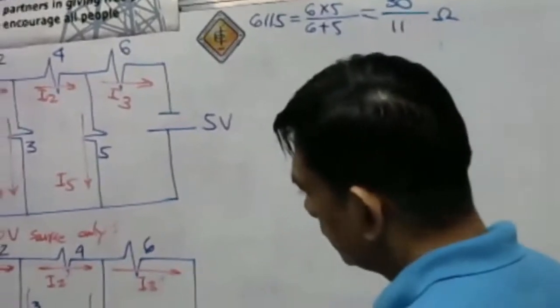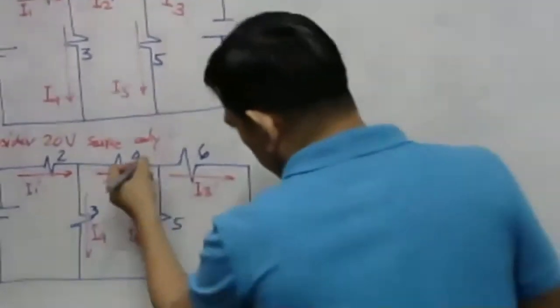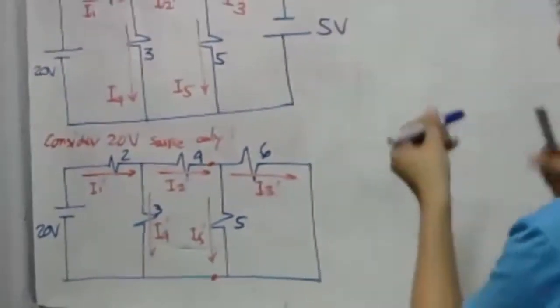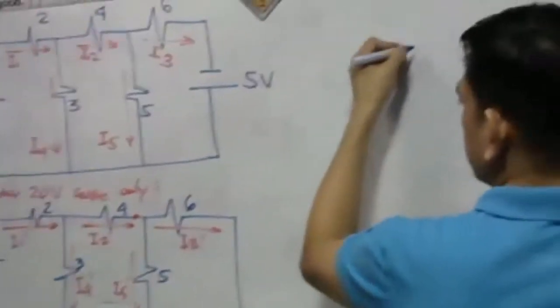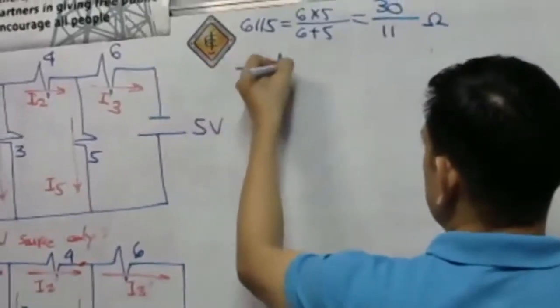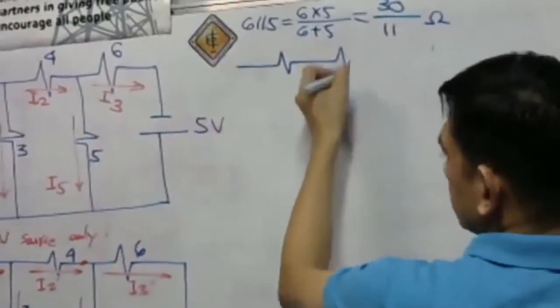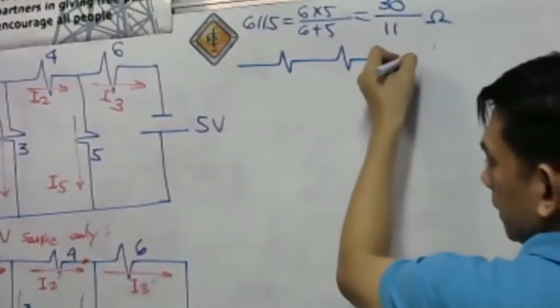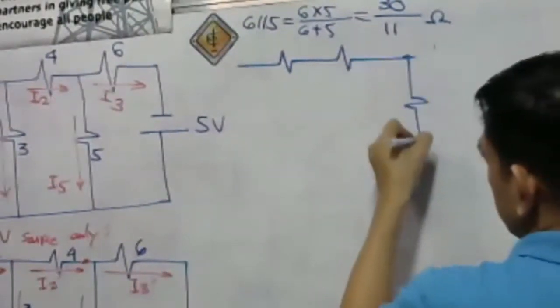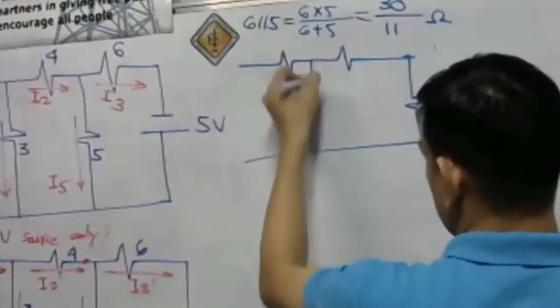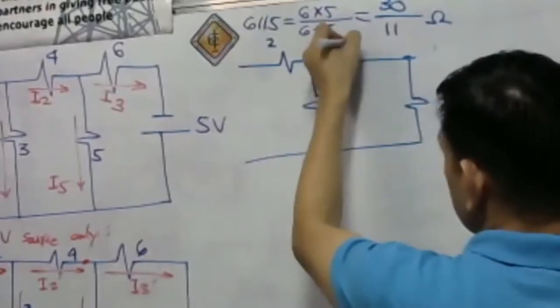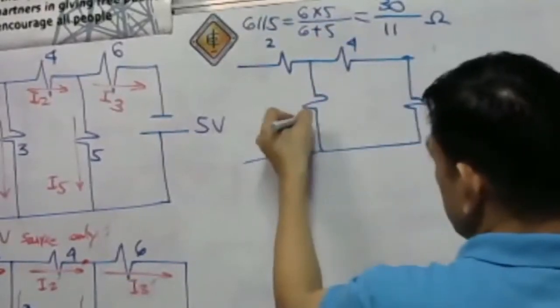Looking at these 2 points, there will be an equivalent circuit here. Let's simplify. So this is 2 and 4. This is our 3.